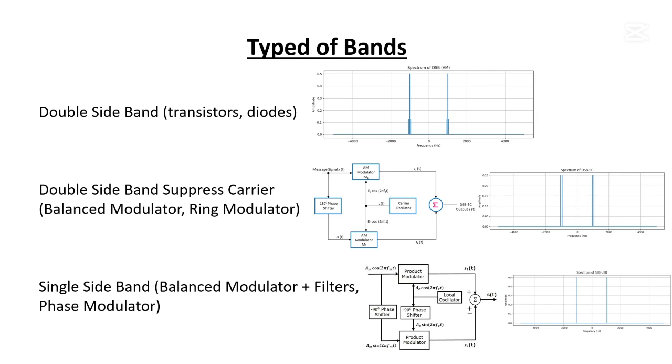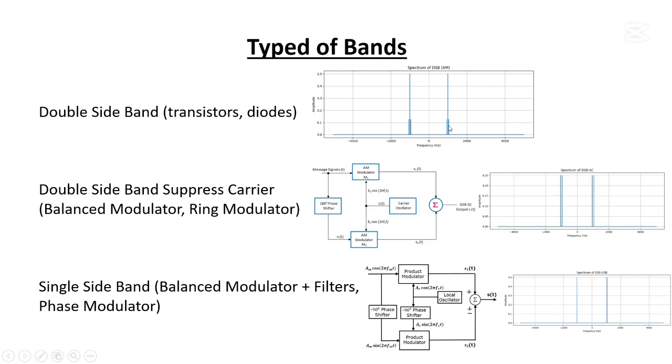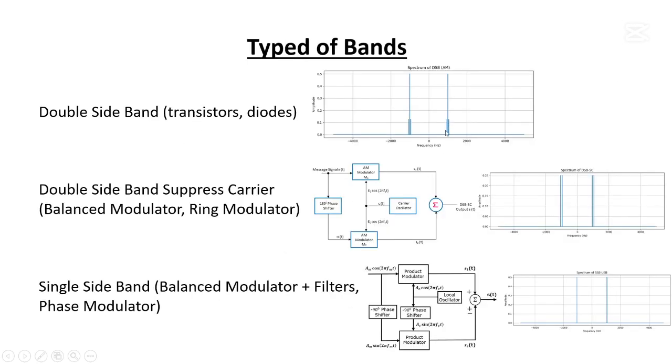Let me explain this. What actually happens here? You add the frequency of the message signal and carrier signal to obtain this upper sideband. You subtract the frequency of the message signal from the carrier signal to obtain this lower sideband.